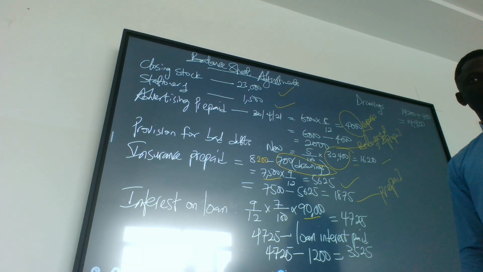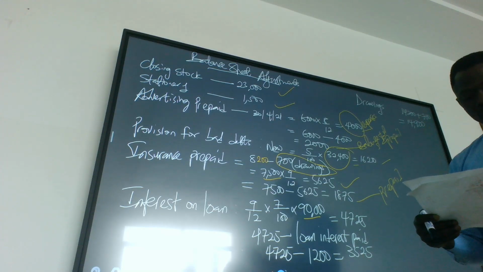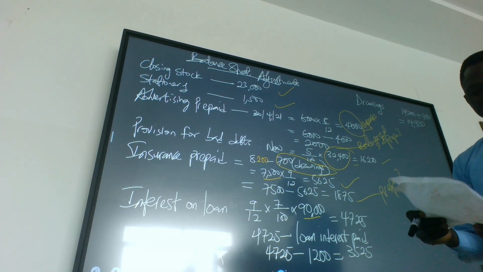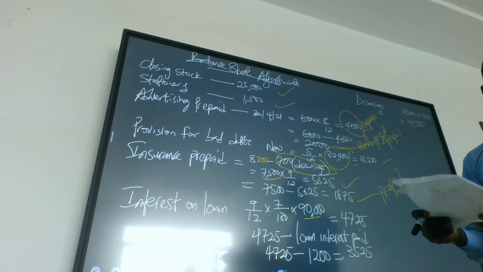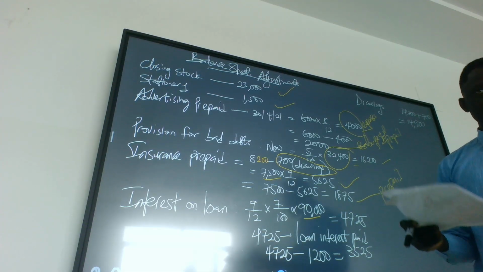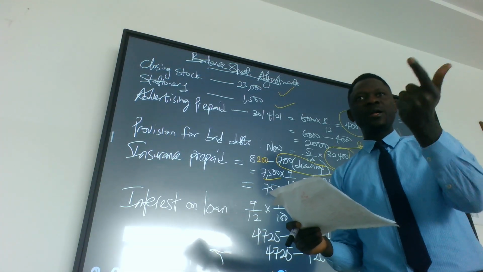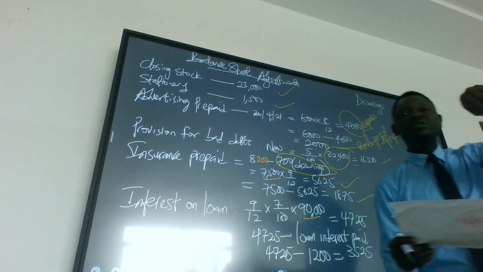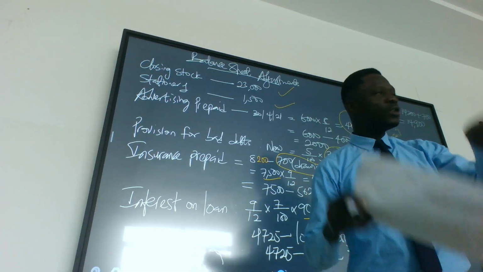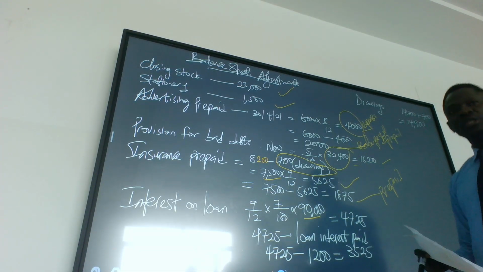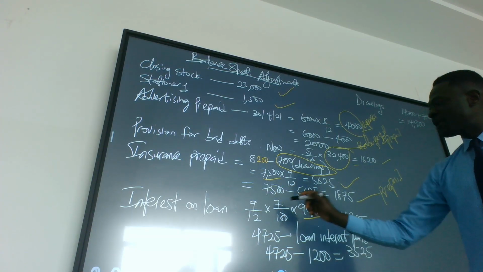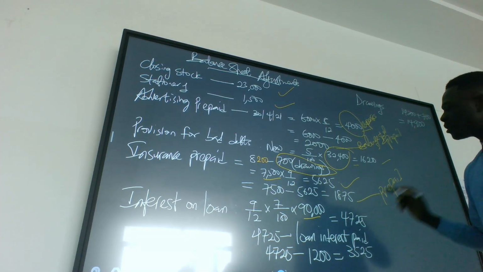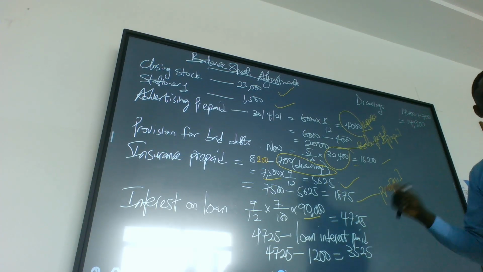The term loan starts from April. April, May, June, July, August, September, October, November, December. 9 months. You count the loan from the month you took it. 9 out of 12 months. 9 over 12 multiplied by 7% times 90,000 gives you 4,725. So 4,725 is your loan interest.